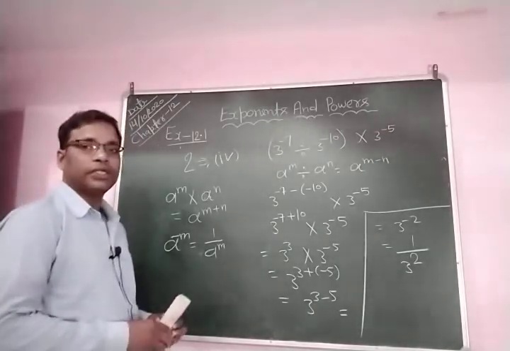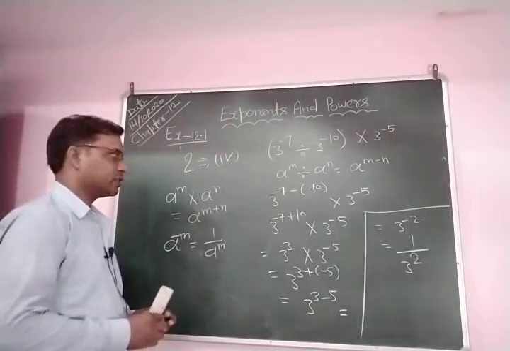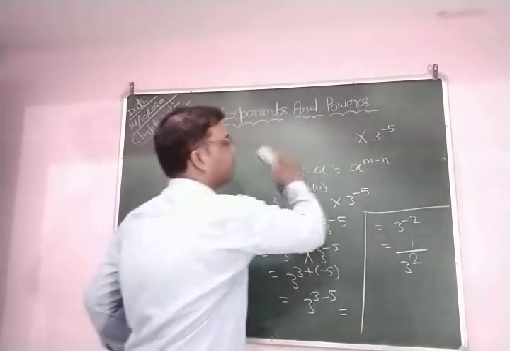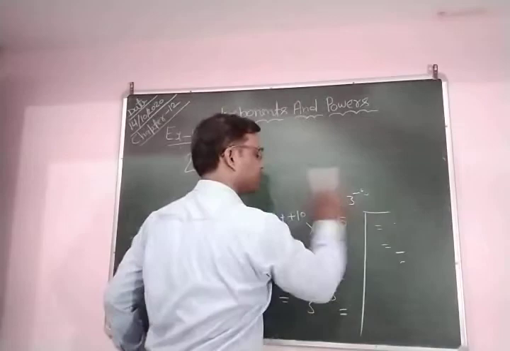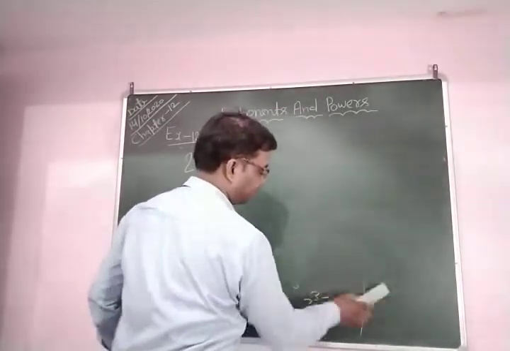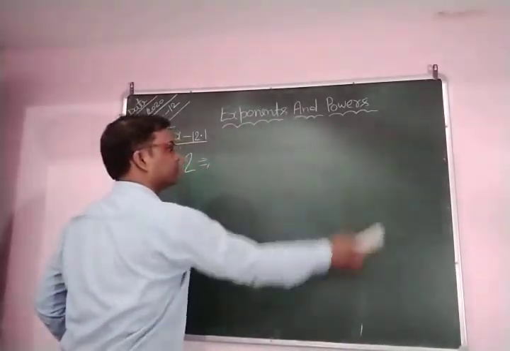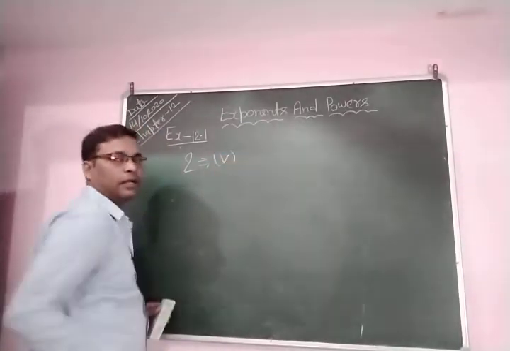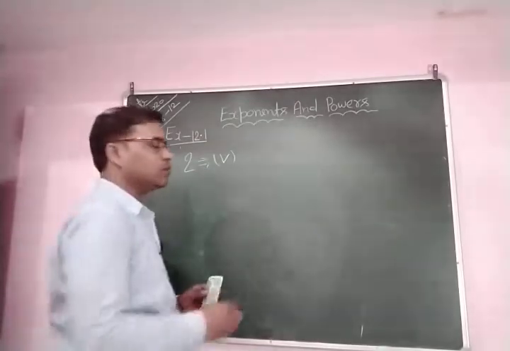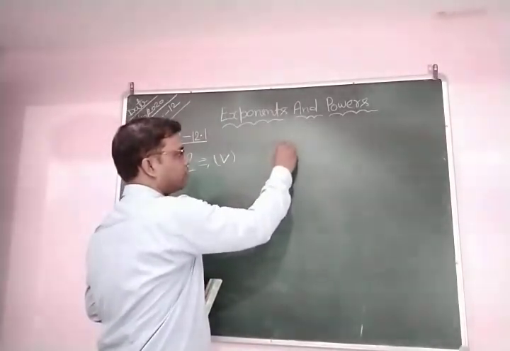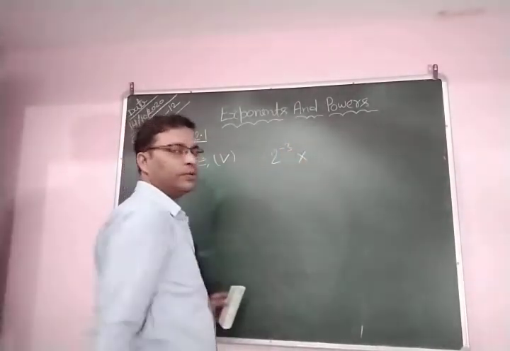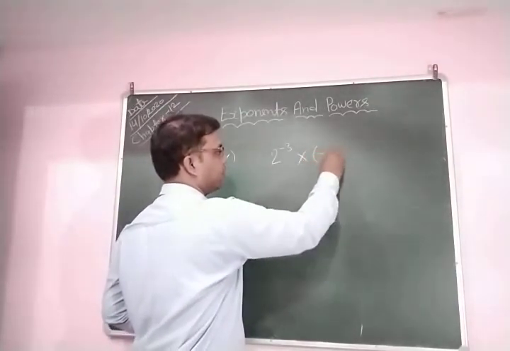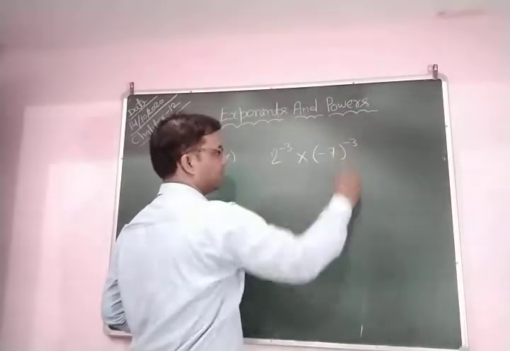Let's see how to solve this. The fifth part of this question number 2 is 2 to the power minus 3 into minus 7 to the power minus 3.